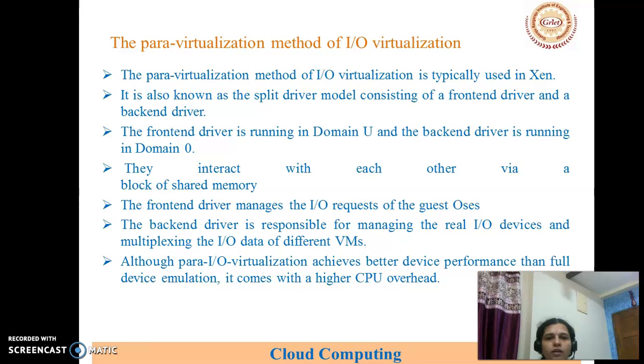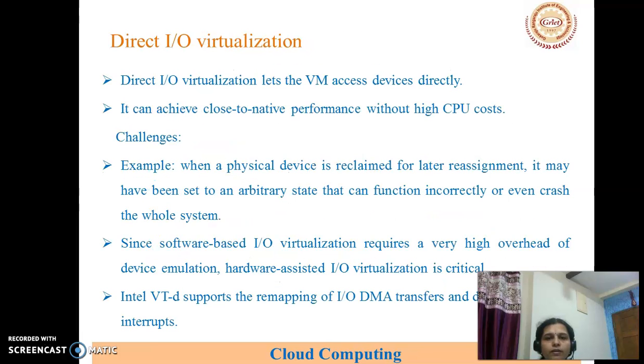The front-end driver manages the I/O requests of the guest OS. The back-end driver is responsible for managing the real I/O devices and multiplexing the I/O data of different virtual machines. Although para-I/O virtualization achieves better device performance than full device emulation, it comes with a higher CPU overhead.